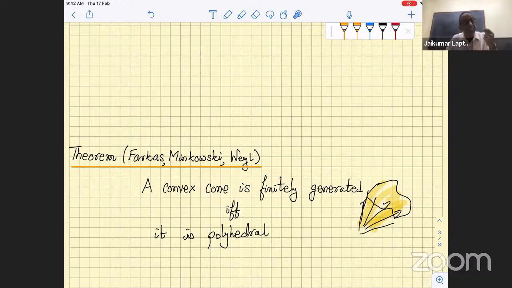On the other hand, if something is not in the cone, how do they convince you that it is not in the cone? Well, if they also had the inequalities which define the cone, they could point to a particular inequality and say that, look, this inequality certifies that your point is not in the cone.